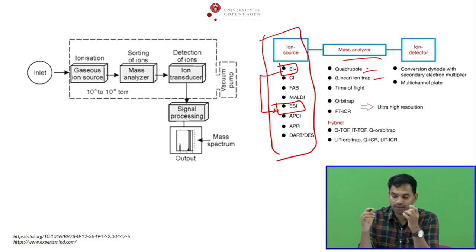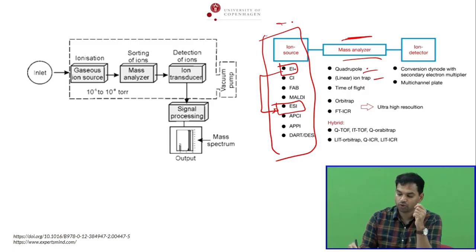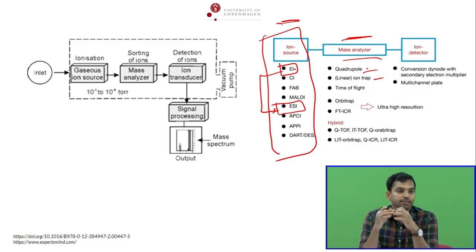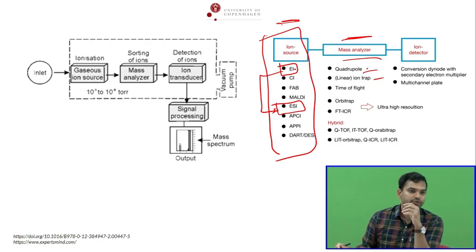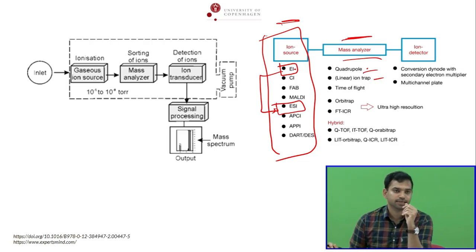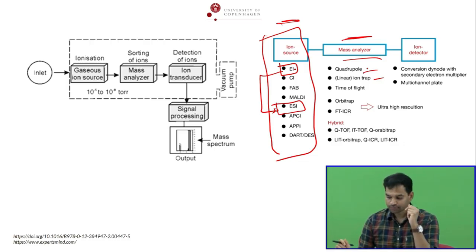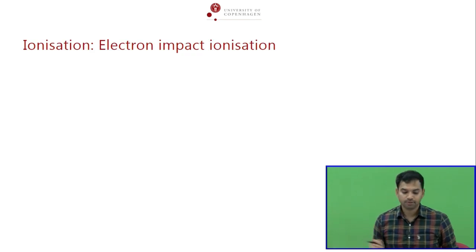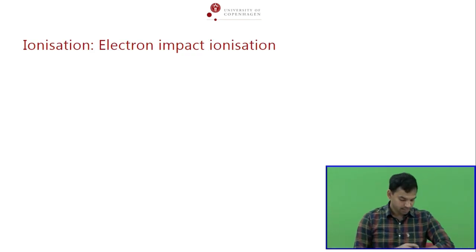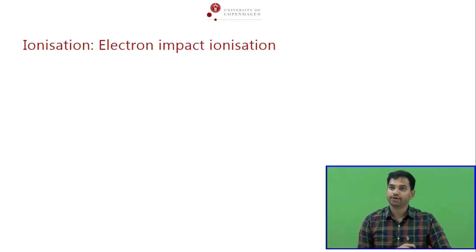The mass analyzer and the source are very important, as they give you high-quality information. If you want high-quality data, you need to buy the best mass spectrometer in the world, and that costs money. Everything has its own advantages and disadvantages. Is it okay?